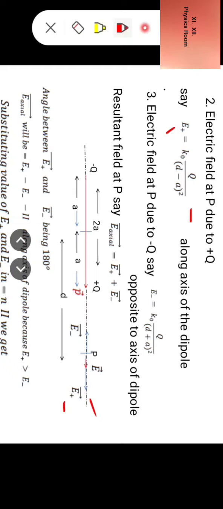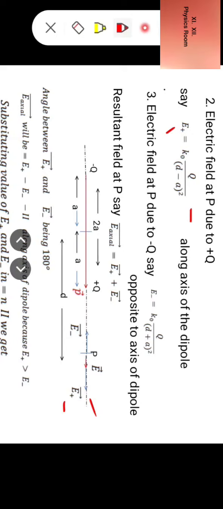Why d minus a? Because P is at a distance d from the midpoint of the dipole and the plus q charge is a distance a towards P. So the net distance of P from plus q is equal to d minus a.